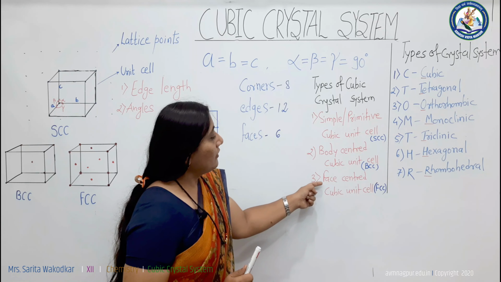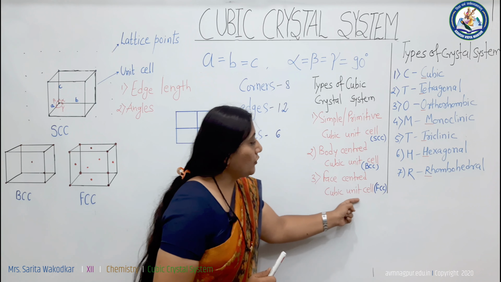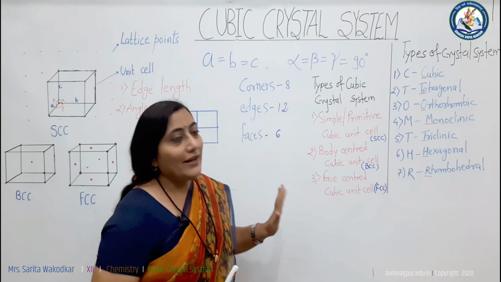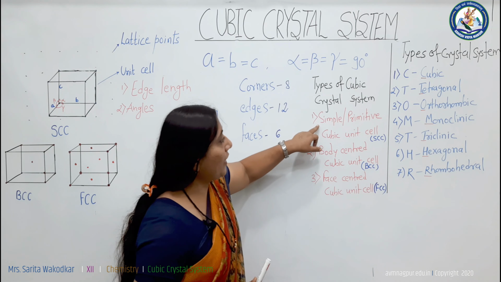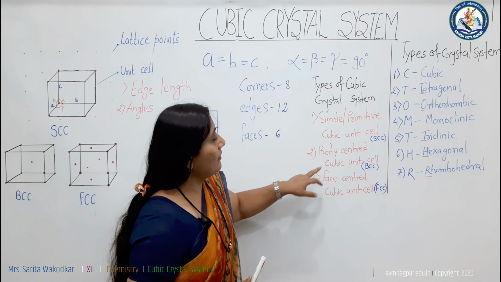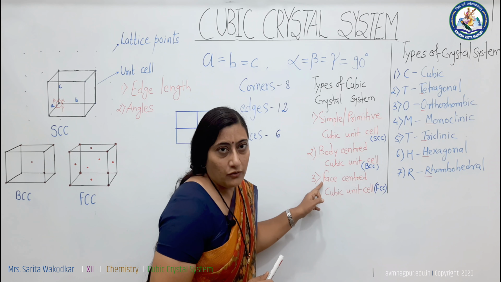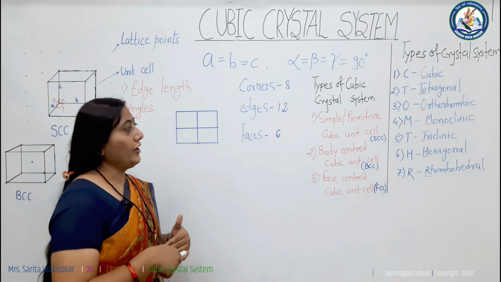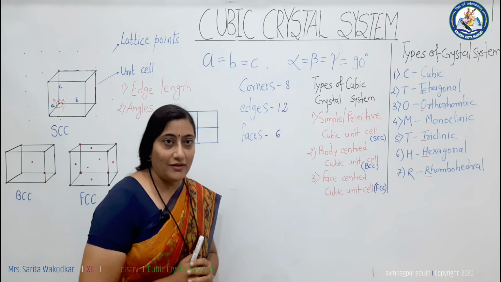Third is face centered cubic unit cell, FCC. These are the three types of cubic crystal system: simple cubic unit cell, body centered cubic unit cell, face centered cubic unit cell. Now let us see what is meant by simple, body or face centered cubic unit cell.